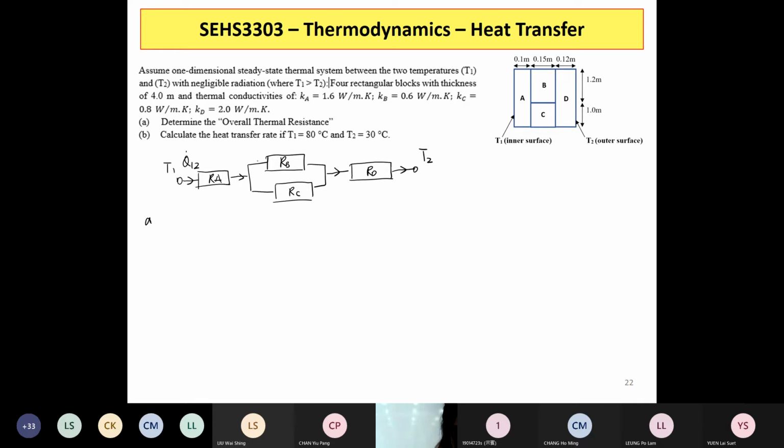So let's calculate. We'd like to evaluate the overall thermal resistance. That should be RT, right? Equals RA. Here, RB and RC are in parallel. So what we have here is RBC.